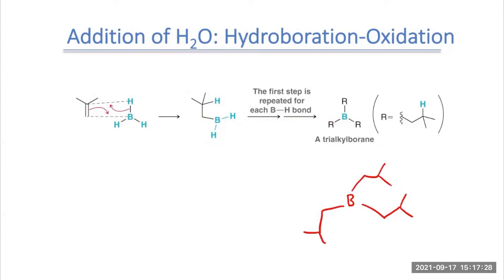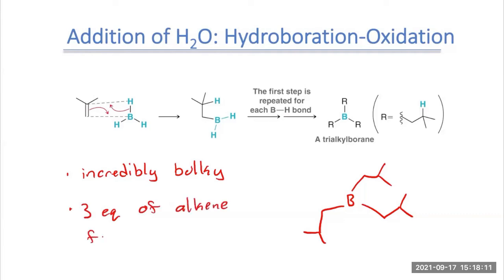And so you can see with this trialkyl borane, it's incredibly bulky. Since it has those 3 different alkyl groups, it gets really, really bulky. It also means you need 3 equivalents of your alkene for each boron.